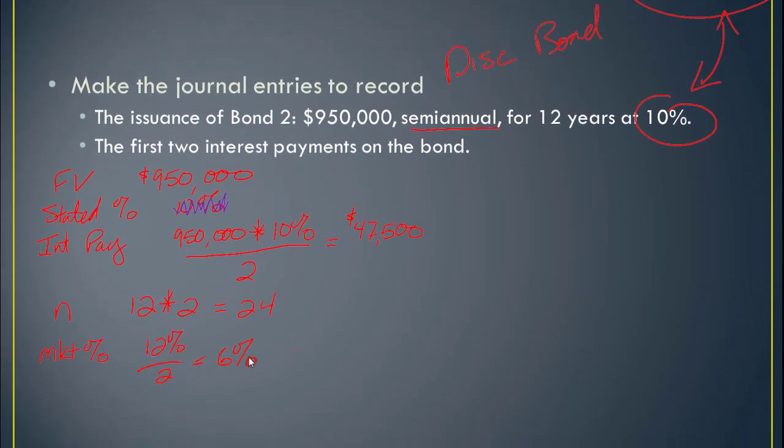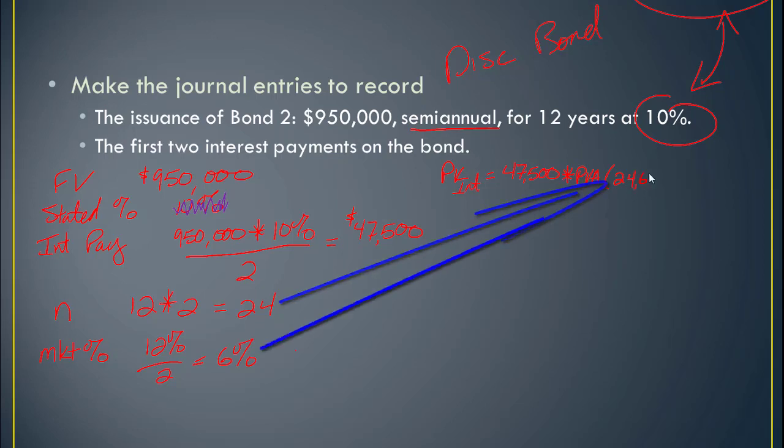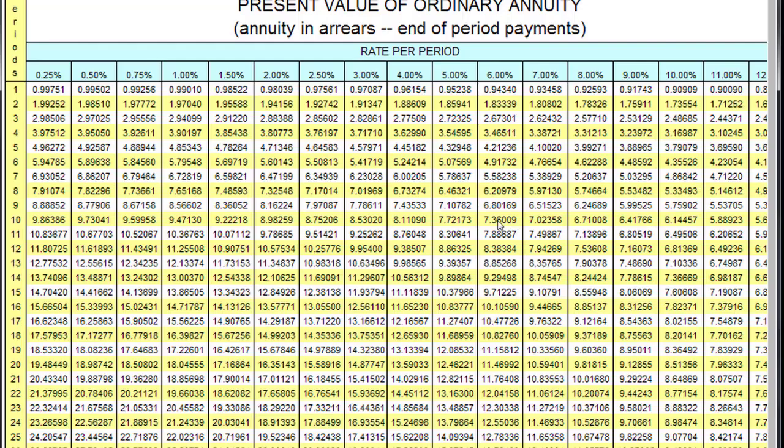So 6% will be my market rate. So now I can do my time value calculations. The present value of the interest will be the $47,500 times the present value of an annuity factor, 24 and 6%. Let's go back to my table and get this value.